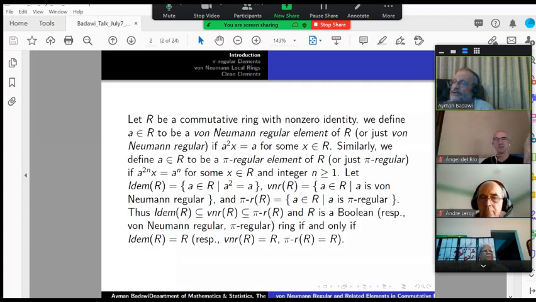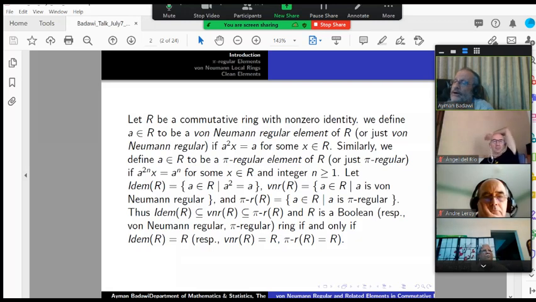And also you need this definition, so you follow my talk, of what I mean by pi(R): all the elements in R where a is pi regular.